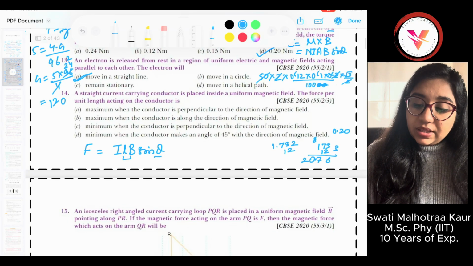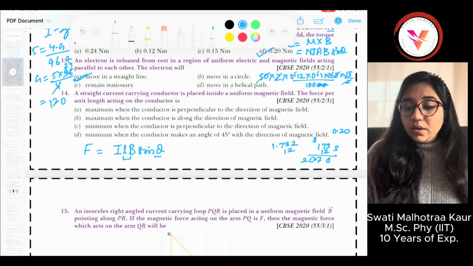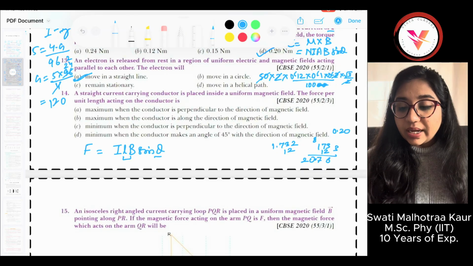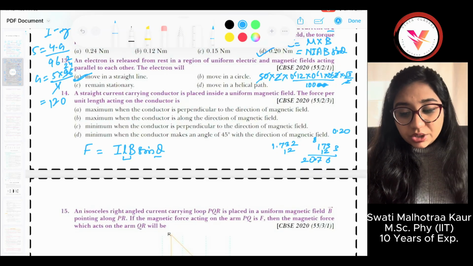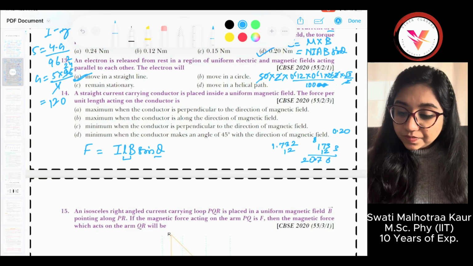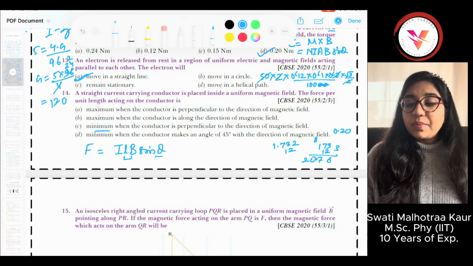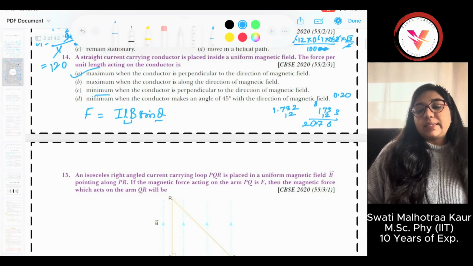This theta is the angle between L and B. So theta would be 90 degrees when L is perpendicular to B, that is, the conductor is perpendicular to the direction of the magnetic field. Is it along the direction? No. When the conductor is perpendicular, minimum? No, it should be maximum. And minimum when the conductor makes an angle of 45 degrees? No. So A is the correct one.